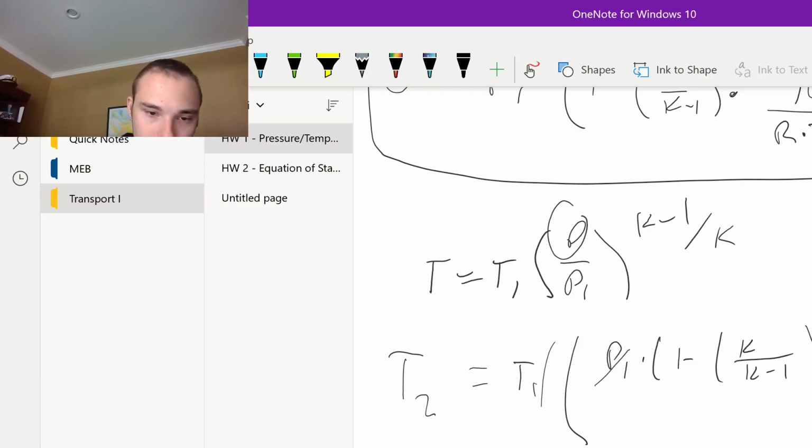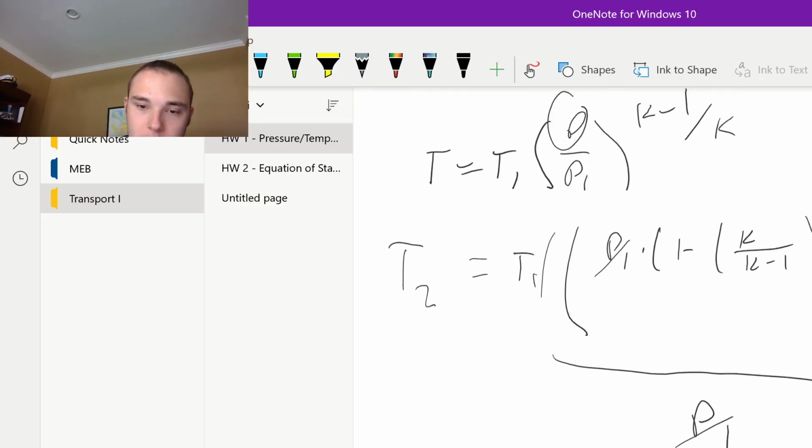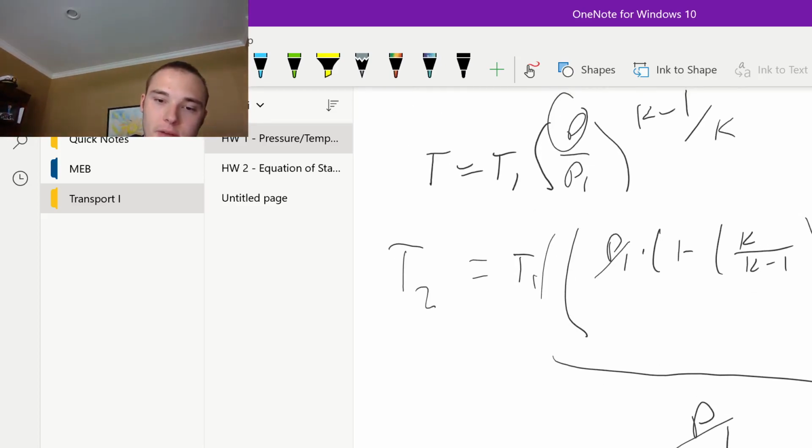So our final temperature will end up being T2 equals T1 times 1 minus K over K minus 1 times mg delta Z, the change in altitude, over R T1.